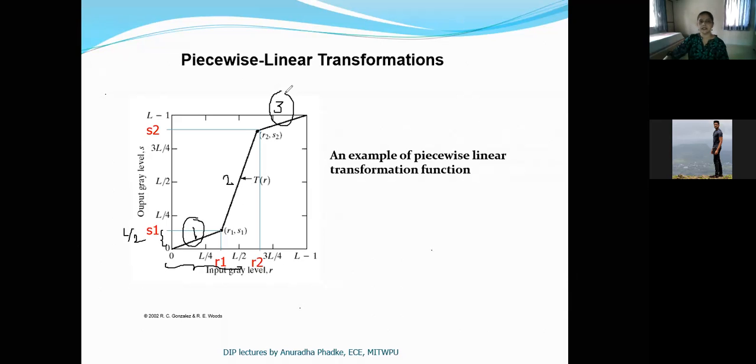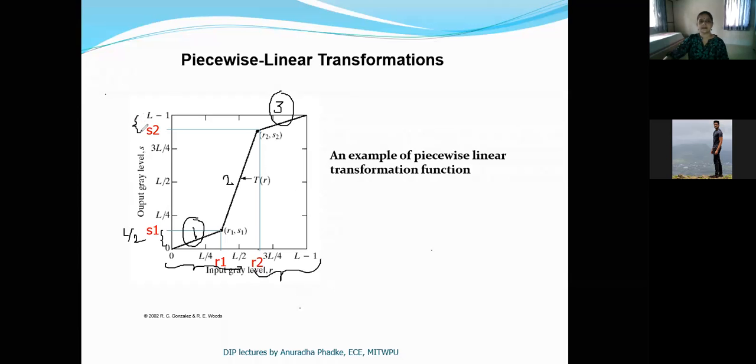Now by using line segment 3, just look at the last portion. Your original bright gray shades, ranging between R2 to L minus 1, we are mapping to S2 to L minus 1.